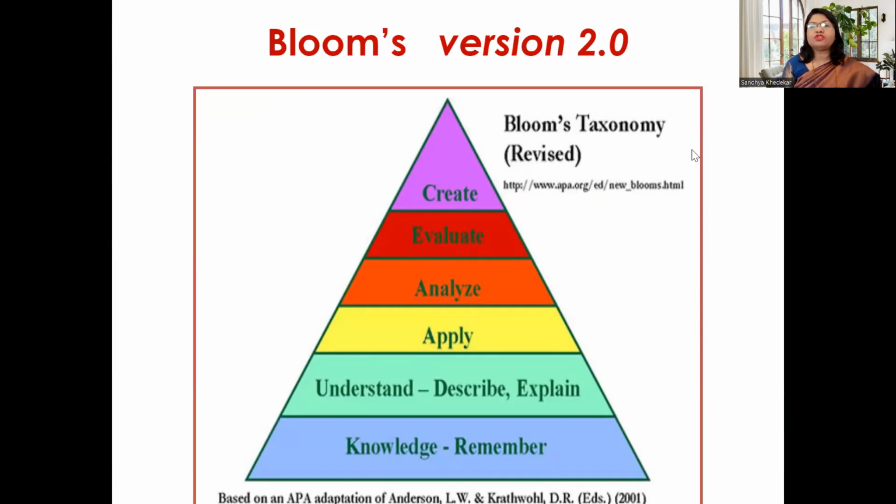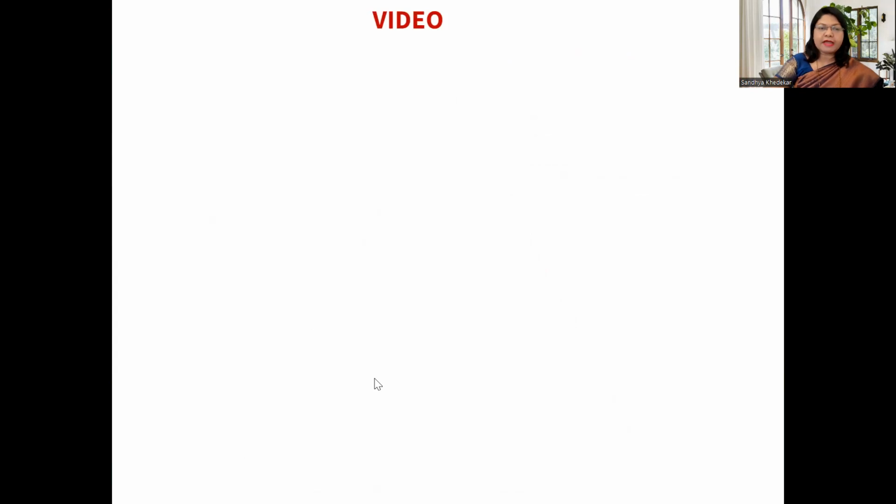So after evaluation, after examination, our role is not over. We have to create something out of that. Because why we are teaching, we are producing some kind of knowledge for the student. The student tries to understand. The student applies that knowledge and understanding in different situations. They try to analyze. Then the evaluation part is there, and after evaluation, creation is one of the important aspects.